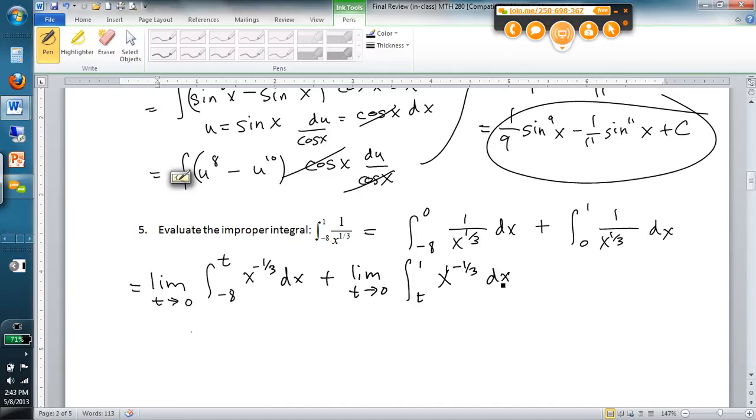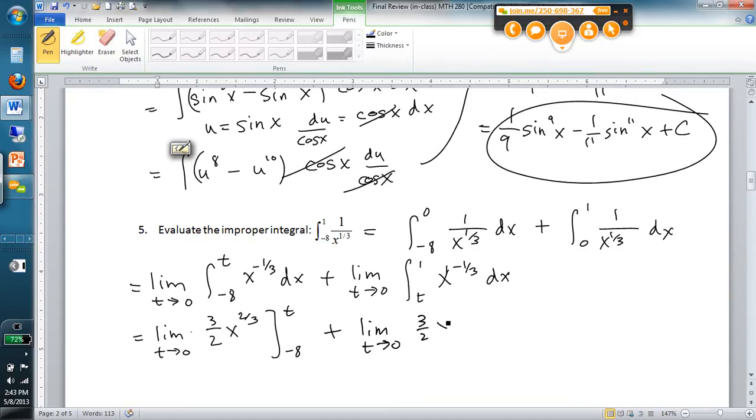And then the good news is that's a pretty easy little antiderivative, right? So I'm going to have the limit as t goes to 0. X to the -1/3, so the antiderivative would be x to the 2/3. So it'll be 3/2 times x to the 2/3, right? From -8 to t. Same thing over here, limit as t goes to 0 of 3/2 x to the 2/3 from t to 1.